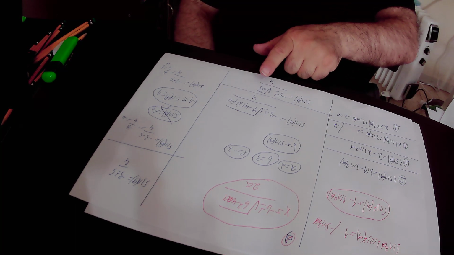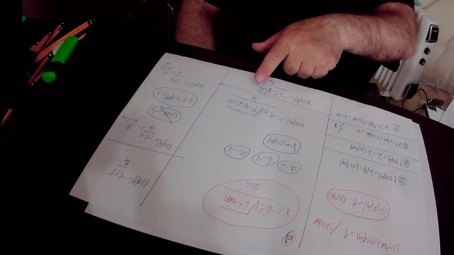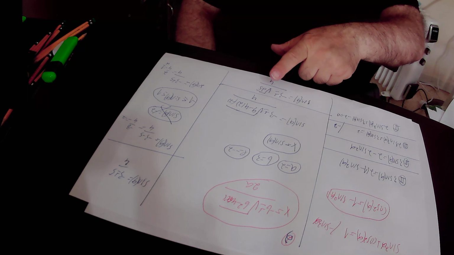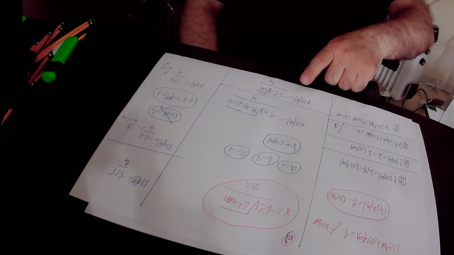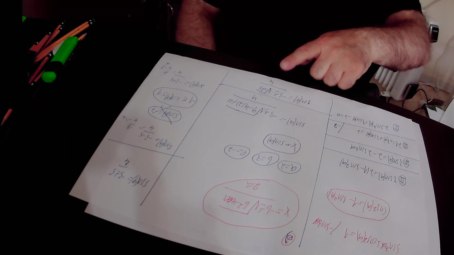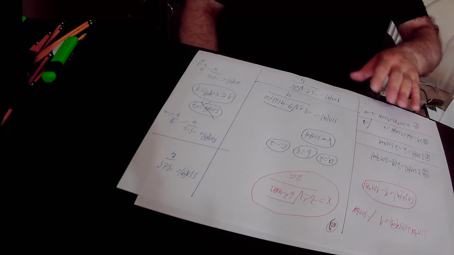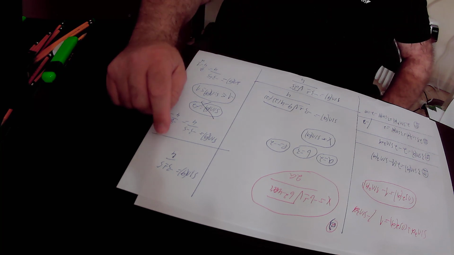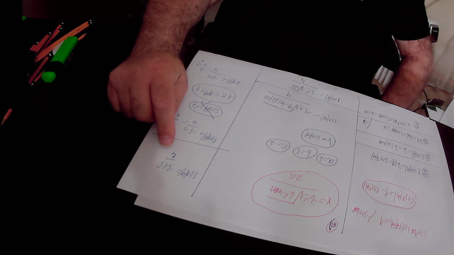Inside the brackets we have minus 4 times 2 is minus 8, minus 8 times minus 2 is plus 16. 16 plus 9 is 25, so sine alpha equals minus 3 plus minus square root of 25 over 4. The square root of 25 is 5, so sine alpha equals minus 3 plus minus 5 over 4.